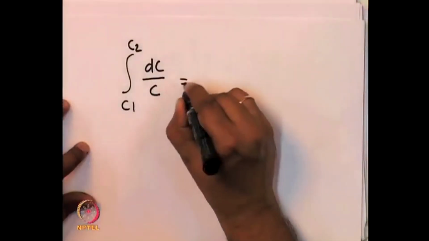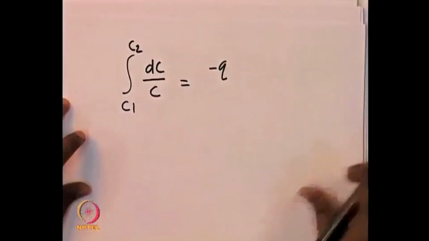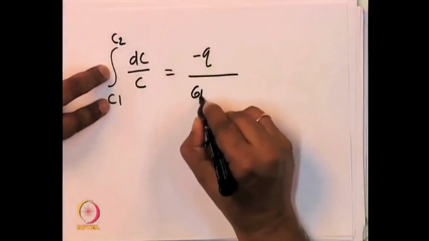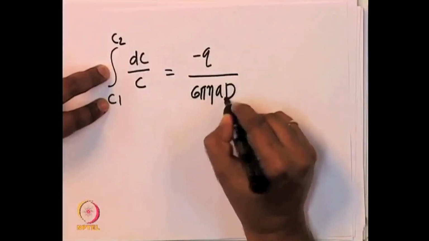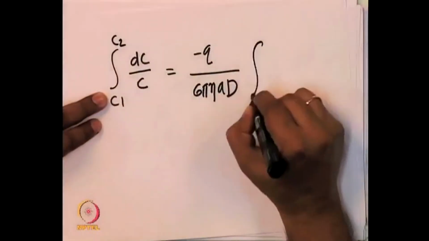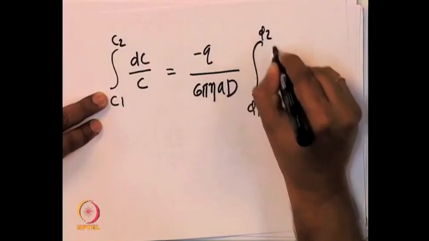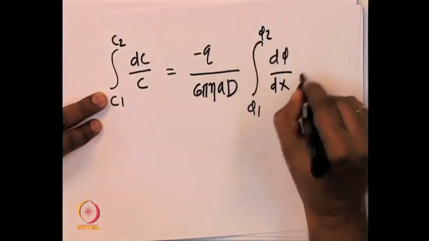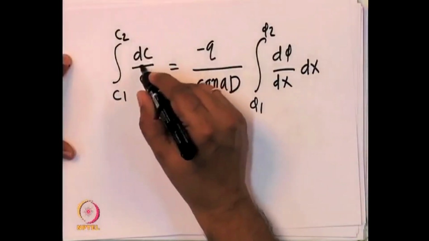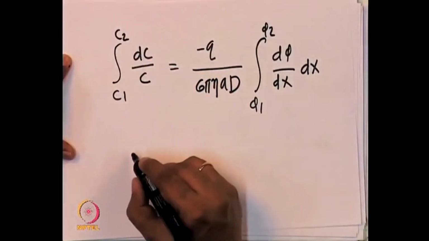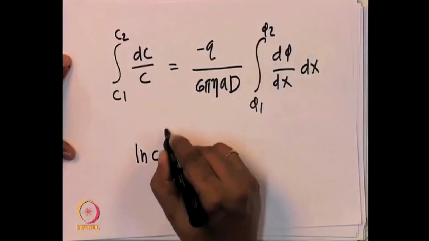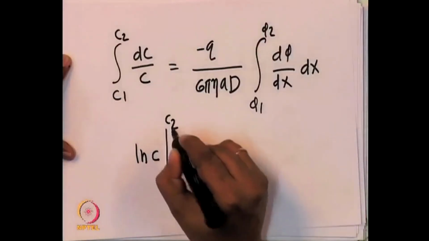So, if I take the minus sign this side, what you get is minus q times 6 pi eta a d, and there is this integral phi 1 to phi 2 d phi by dx into dx. So, you know that the integral of dc by c is log c, log c in the limits c 1 to c 2.